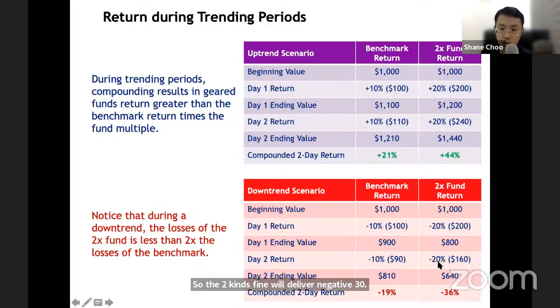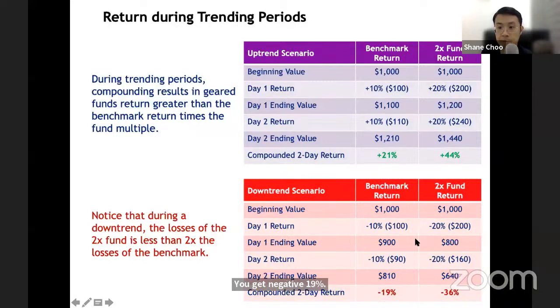Negative 20% on 800 bucks is 160 bucks, so you're down to about 640 bucks. If you take 640 divided by the beginning NAV, you're down 36%. If you take 810 divided by the beginning NAV of the benchmark, you get negative 19%.